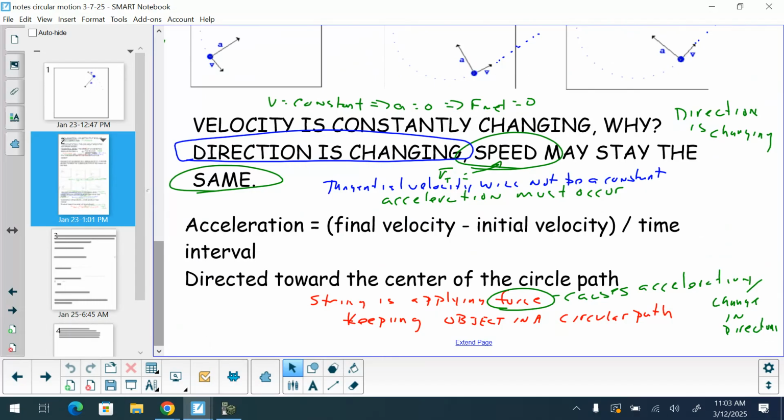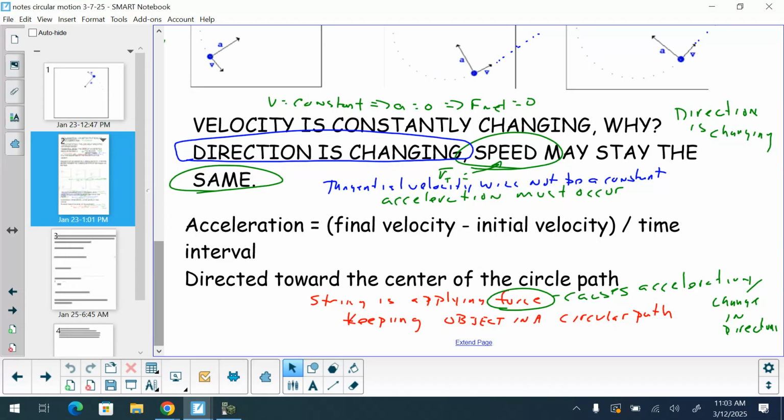The string is the thing that's keeping the object moving in a circular motion. So you have to have a force being applied through the string to keep this going in a circular motion. Where's the force coming from? Well, it's coming from the string, so the force is pointing in this direction.